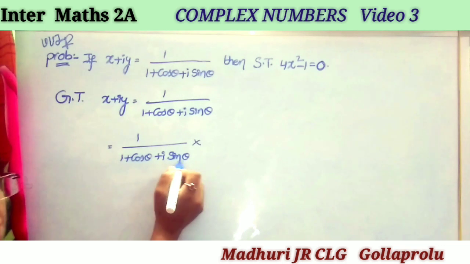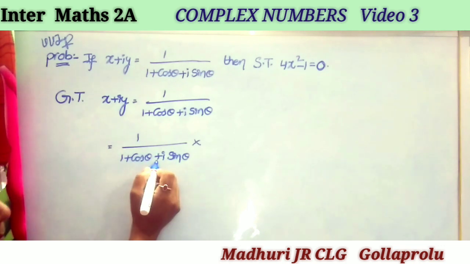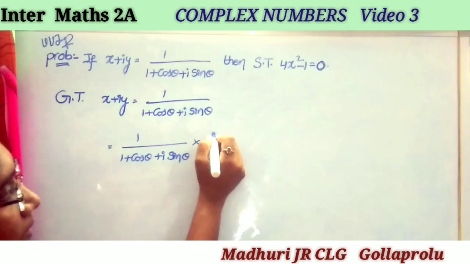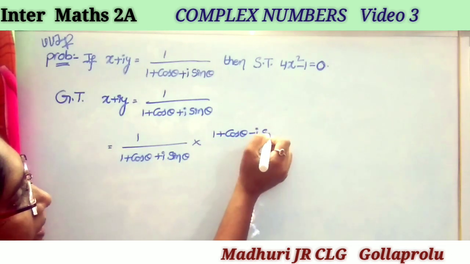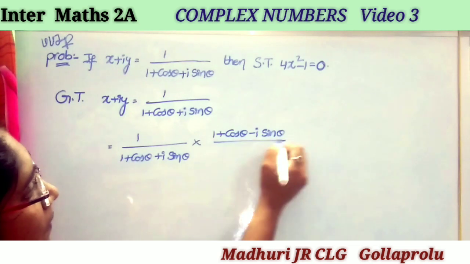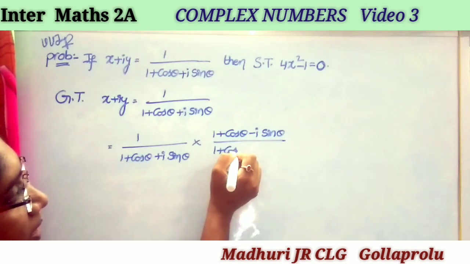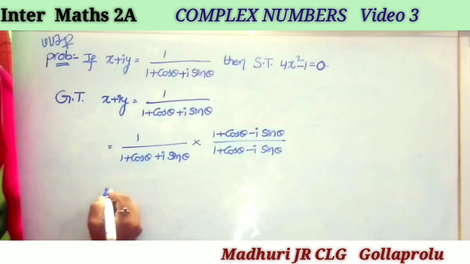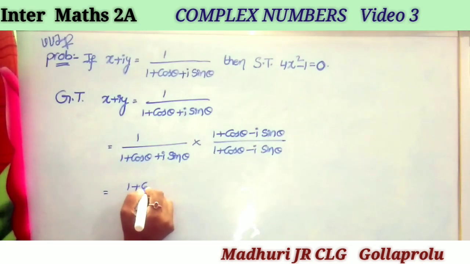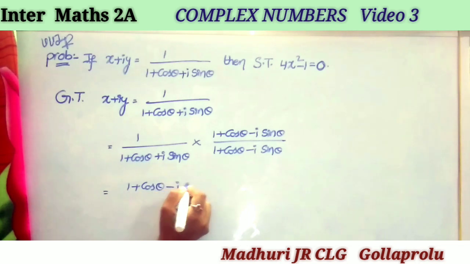What is the imaginary part here? i sin theta. That is, we take minus i sin theta here. That is 1 plus cos theta minus i sin theta by 1 plus cos theta minus i sin theta. And this is equal to 1 into 1 plus cos theta minus i sin theta.